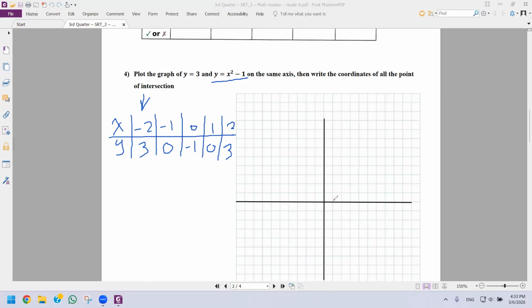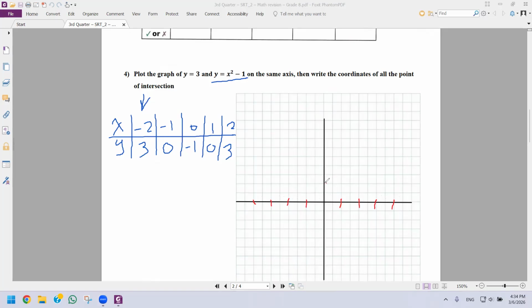So, for example, I can decide each square I will put a number, or each two squares I will put a number. To make it look big and clear, I will make each two squares equal to 1. So this is 1, 2, 3, 4. Till 4 is enough for me. Then let me do it backward. Minus 1, minus 2, minus 3, and minus 4.